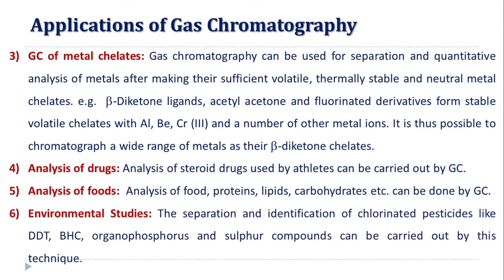Environmental studies: the separation and identification of chlorinated pesticides like DDT, BHC, organophosphorus and sulfur compounds can be carried out by this technique. Whatever hazardous pesticides are there can be detected by gas chromatography.